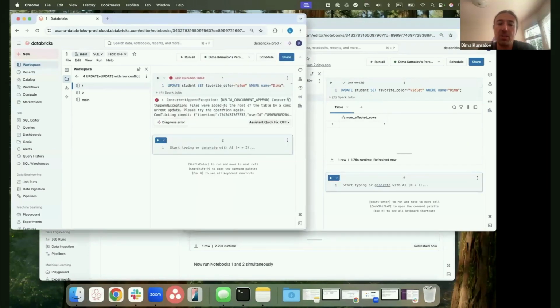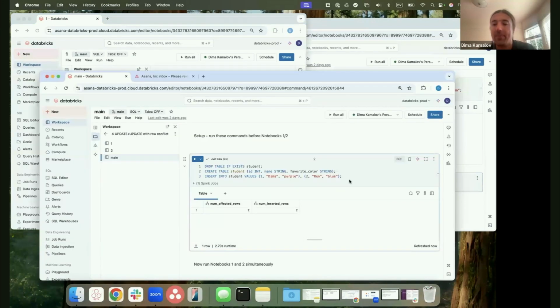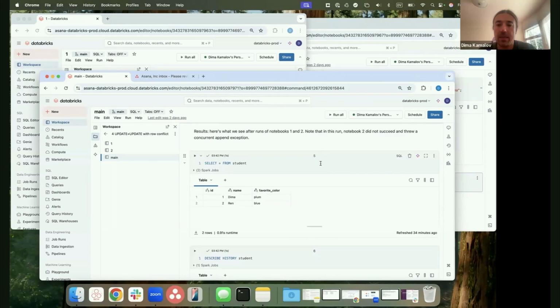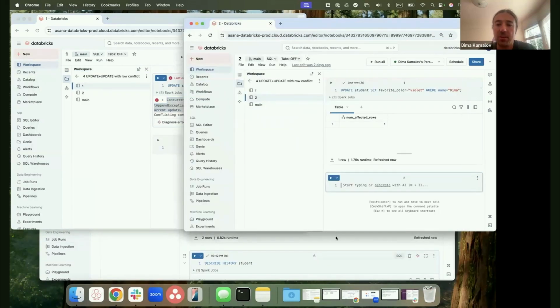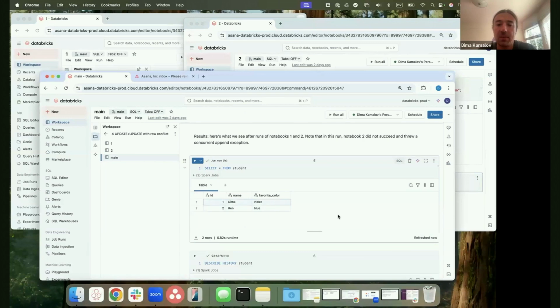And you'll notice that this time we still get a concurrent append exception. So there was no way for these 2 transactions running at the same time to have the same result as if they were run one at a time. And so you'll see that the transaction on the left does not do anything, and my favorite color ends up being violet.